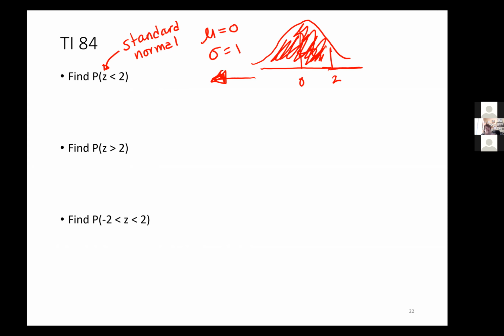So I tell my calculator that the lower limit is some really tiny number. What I use is negative 1 times 10 to the 99.